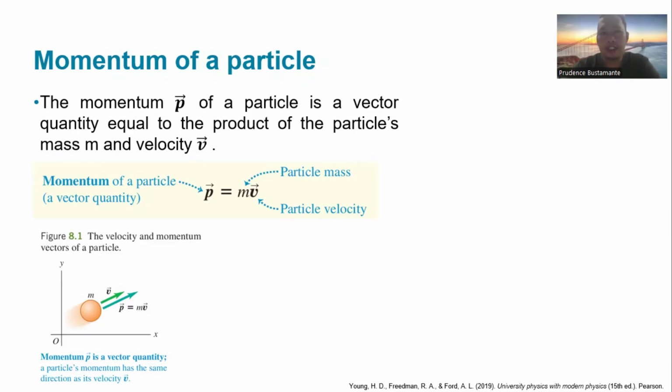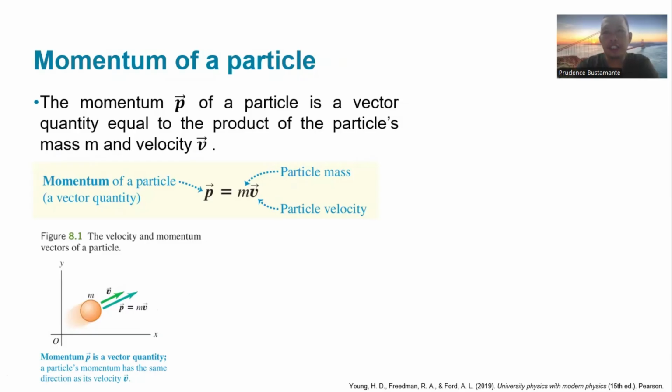It follows that this physical quantity has the same direction as the velocity. So in the equations, the momentum is just equal to the mass of the particle times the particle's velocity. In the diagram, you can see that momentum and velocity have the same direction.